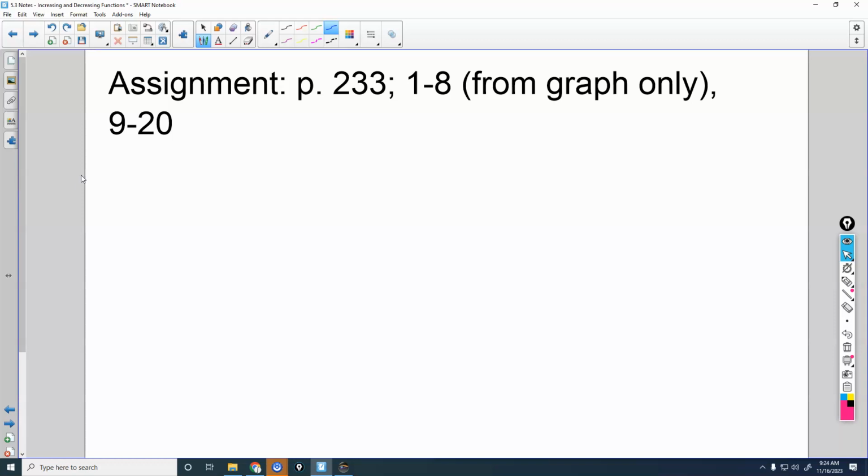We have already done a lot of the stuff from the graph, where I gave you that worksheet.